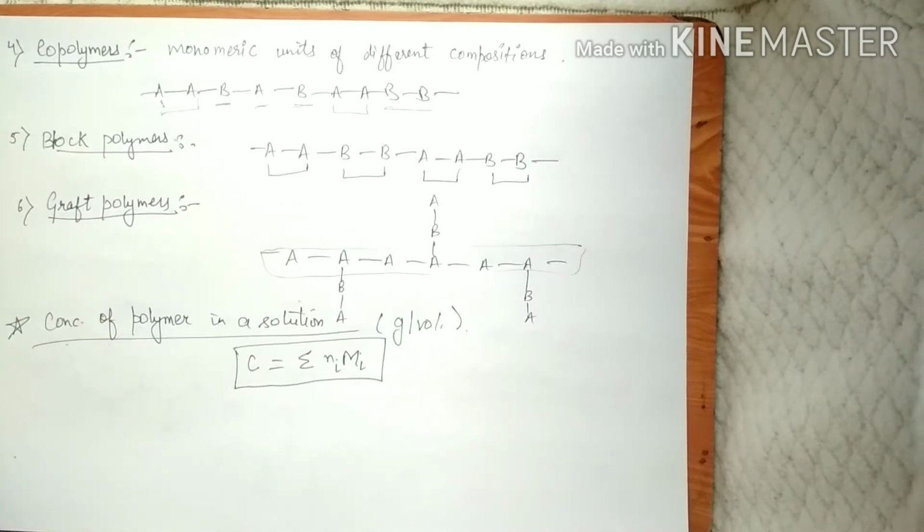Now we are going to study 4 important formulas, and also the experimental methods used to find out those values. So first we are going to define a formula for number average molar mass.